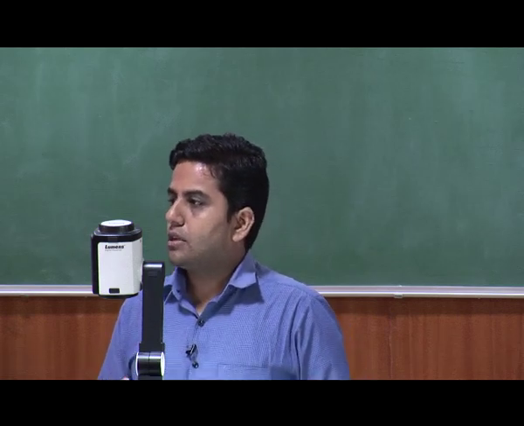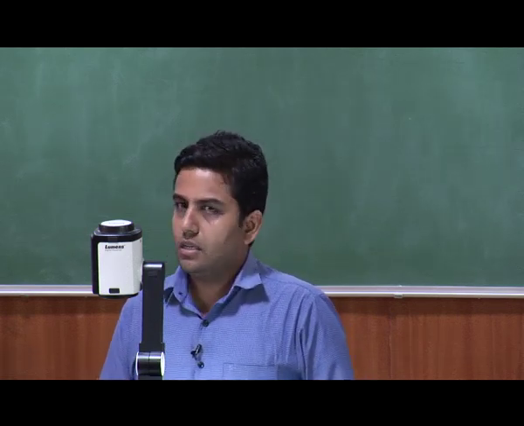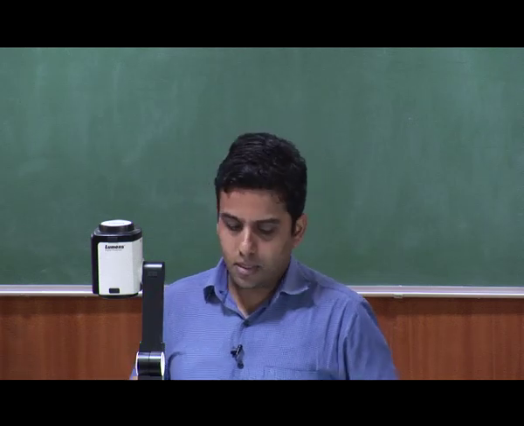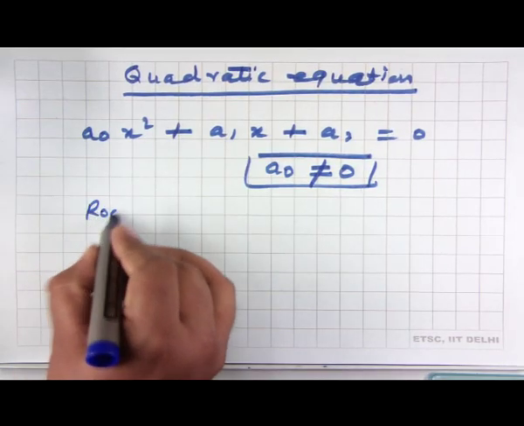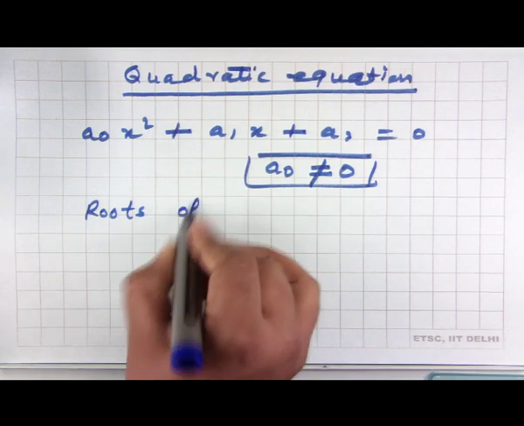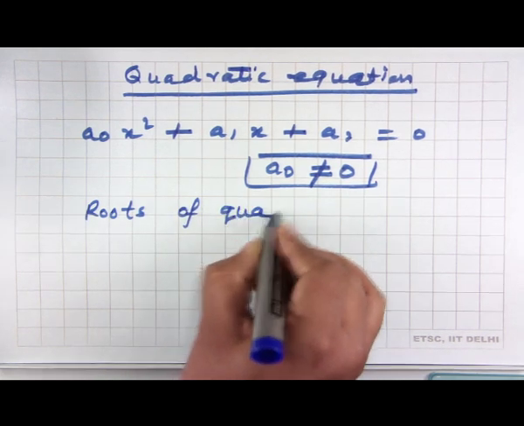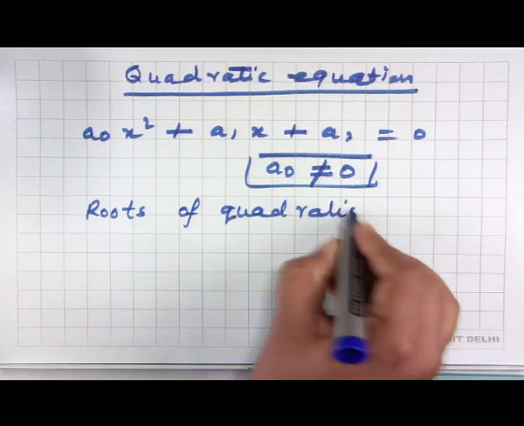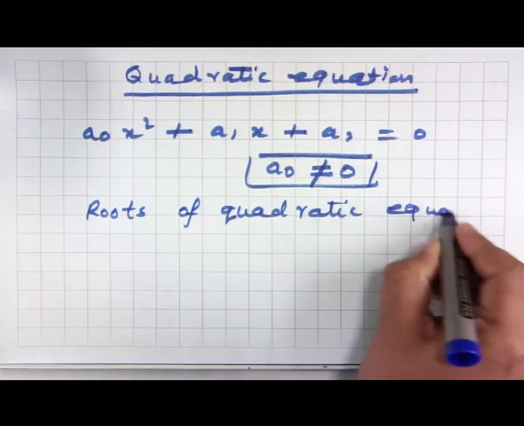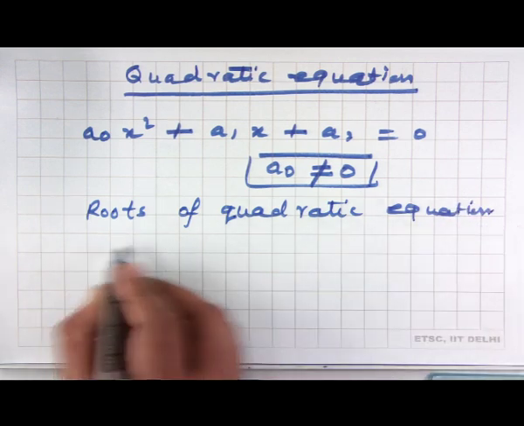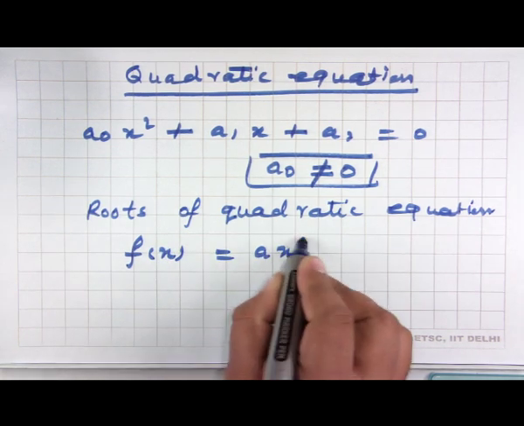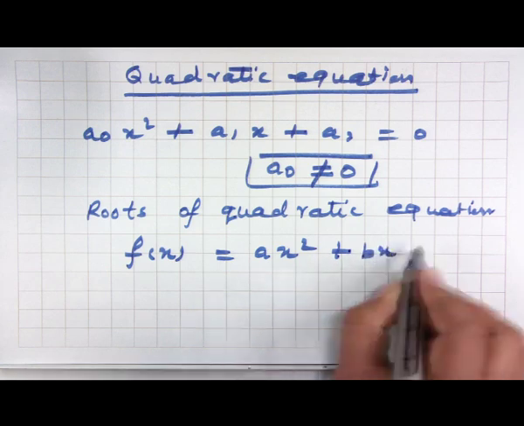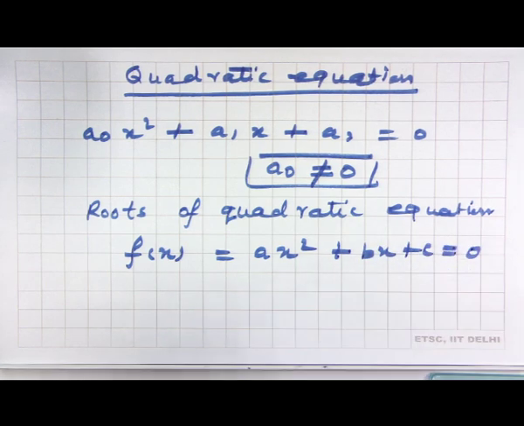Now the question arises: what are the roots of the quadratic equation, and what are the possible roots? Roots of a quadratic equation. Suppose f(x) equals ax square plus bx plus c equals 0 is a quadratic equation.